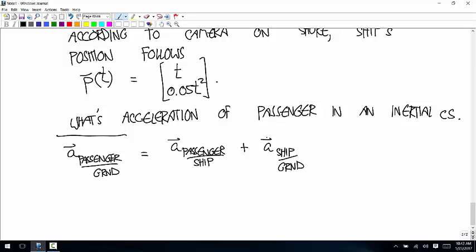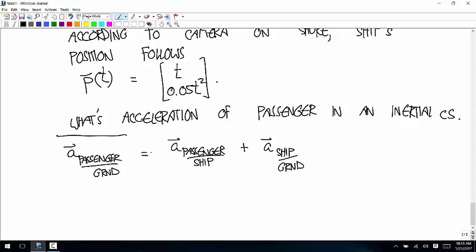And you can check that the fraction multiplication thing works out to make sure that you have an acceptable order. Yeah, the ships would cancel out and you'd be left with passenger over ground. So that works. I don't know. I've never thought about it that way.